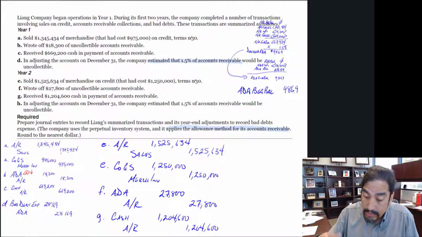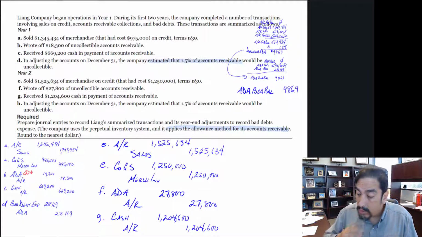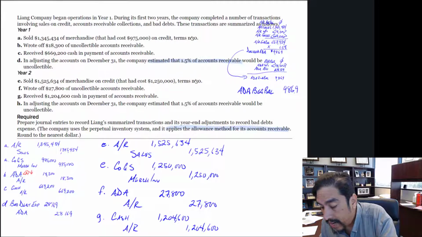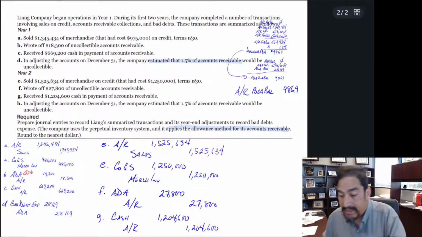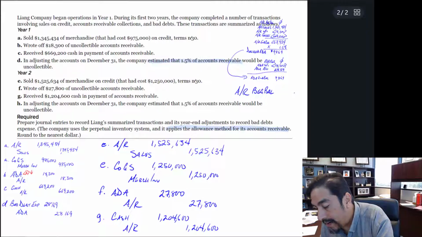And then I go through E, F, and G, and I look for, oh, I messed something up here. I don't want ADA already. I start off with accounts receivable. I'll do ADA, but I'll do that in a second. First, I want my accounts receivable.